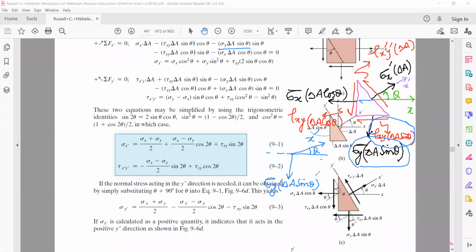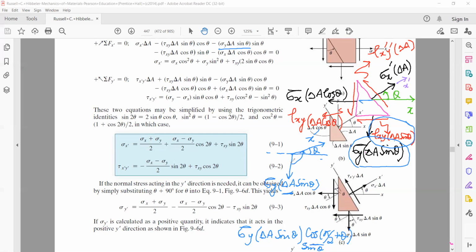Now what will be the component of this force along x prime? That will be cos of this total angle, cos of 90 plus theta. So the component will be sigma y delta A sine theta multiplied by cos of pi by 2 plus theta. Cos of pi by 2 plus theta is in the second quadrant.